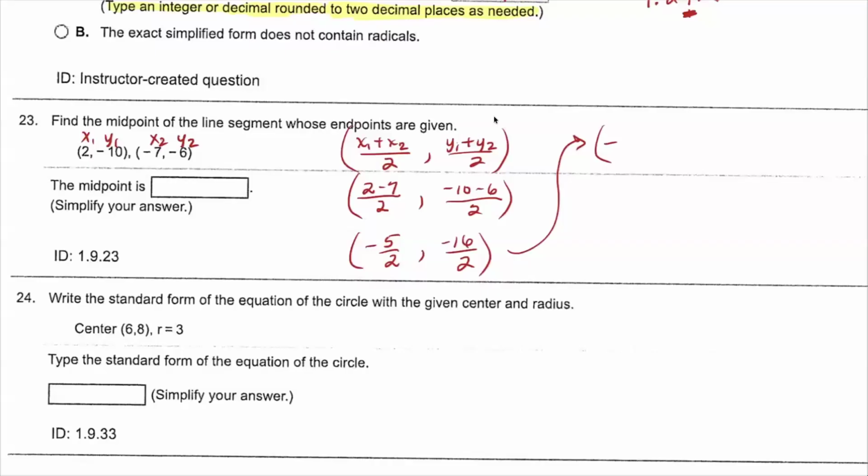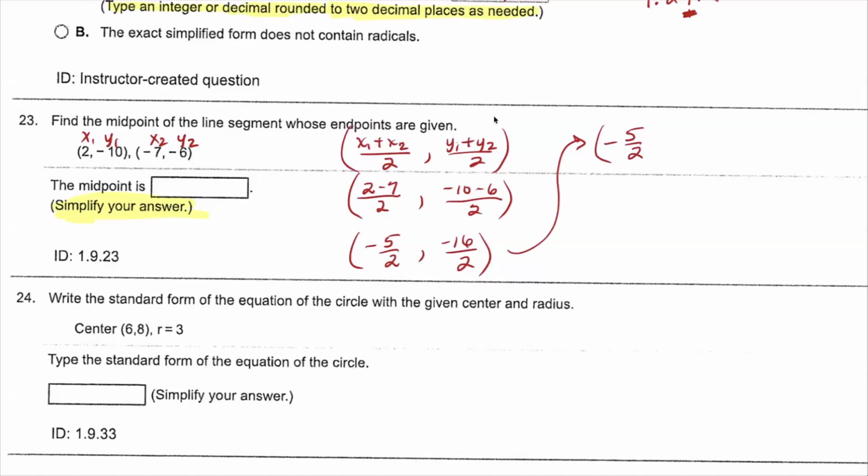The -5/2, leave that alone. It's reduced. It's already a fraction. You do not want to make that into a mixed number. Don't put that in your calculator as -5 divided by 2. Just simplify your answer. Simplify your fraction if it ends up being a fraction, but do not make it into a mixed number. We don't use mixed numbers at all in this course.